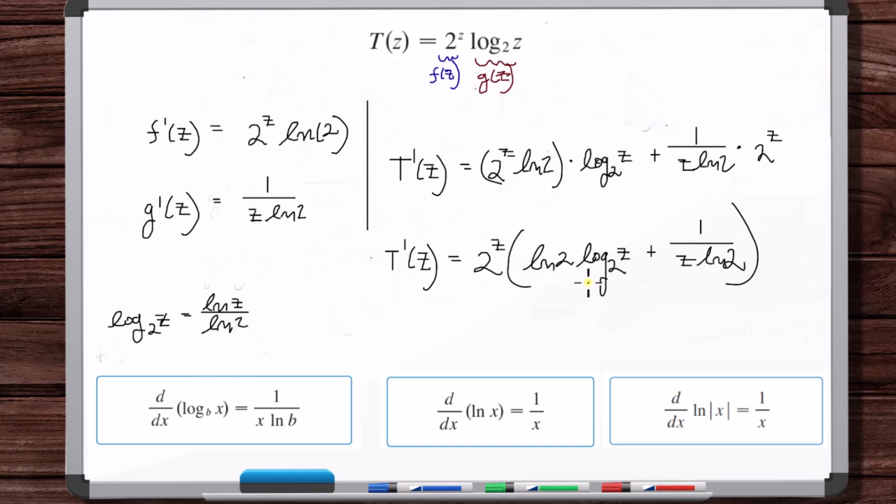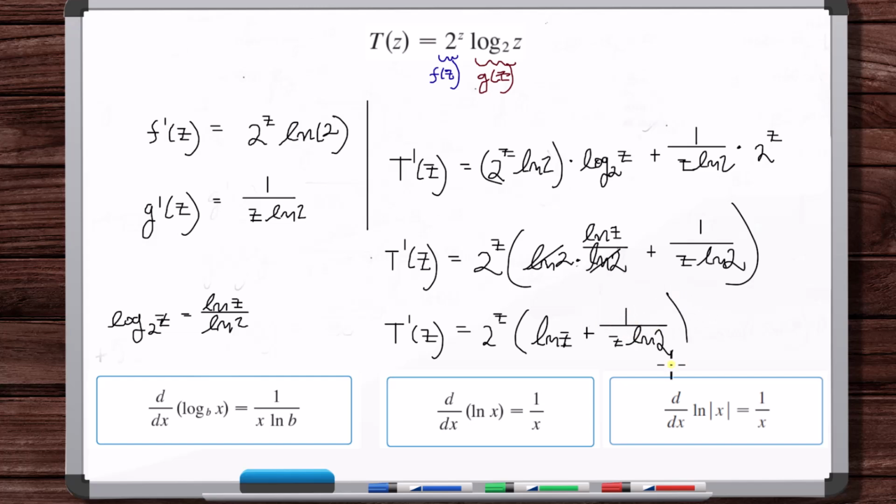So if we put that in here, times natural log of z over natural log of 2, then these cancel, and now we're left with, there you go. That's the derivative.